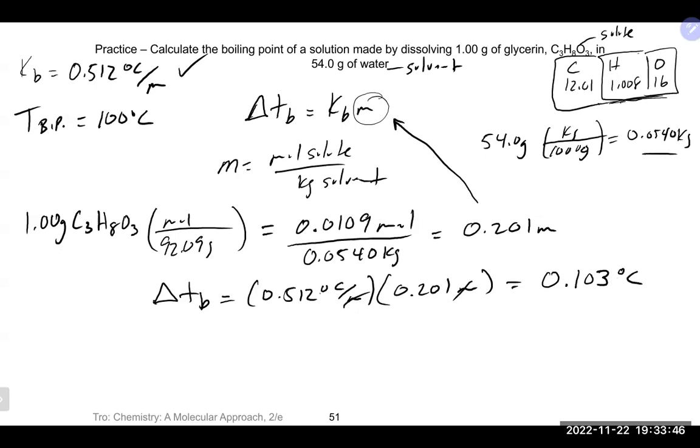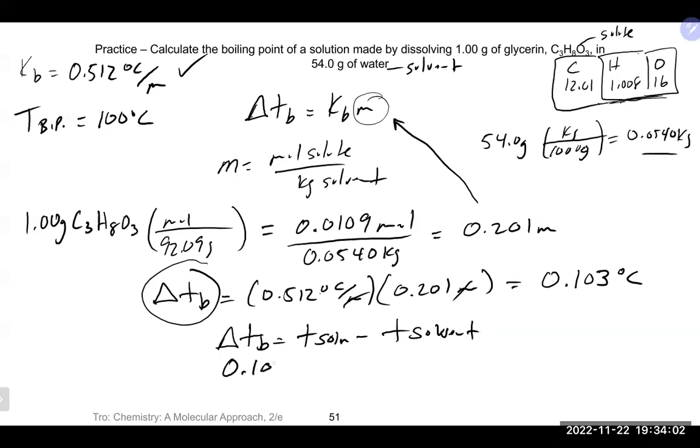That once again is not the boiling point of this solution, but the change in the boiling point temperature, which would be the temperature of the solution minus the temperature of the solvent. So we have 0.103 degrees Celsius equals the temperature of our solution minus where water normally boils, which is 100 degrees Celsius.